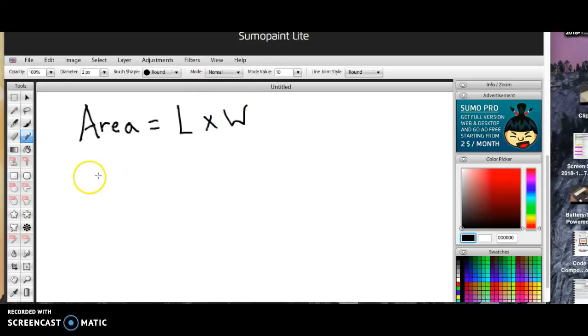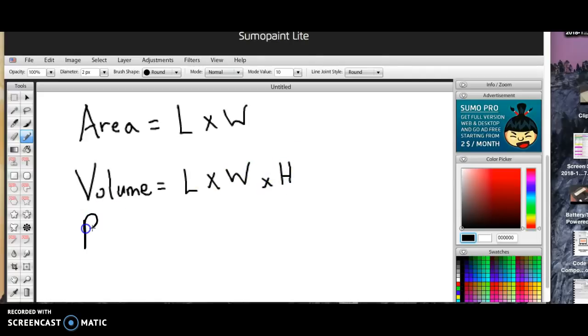The volume is length times width times height. The perimeter is 2 times (L plus W), length plus width, times 2. If you remember these three equations, I could throw 10 of these area, perimeter, volume questions at you, and you should be able to figure them out.